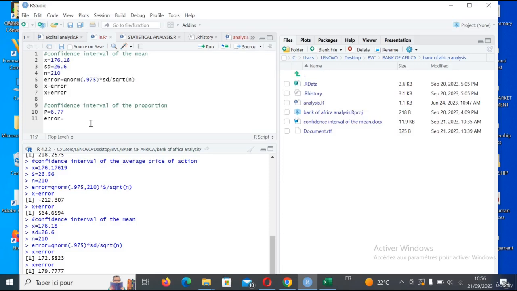It's 0.975 because we approximate the level of confidence of 95%. So we have here qnorm, which is approximately, I think, qnorm of 0.975 is 1.96.